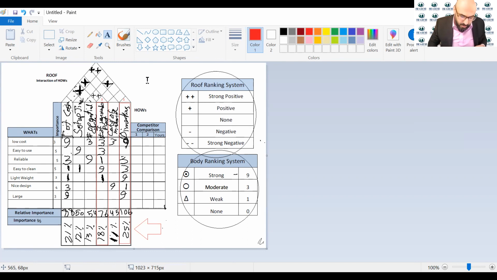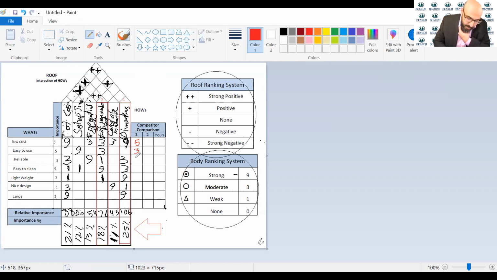You select two competitors. You say competitor one, they have a really low cost. So on a rate of 1 to 5, I would give them 5 because they're really providing a low cost microwave. All right, ease of use, their microwaves are not easy to use.